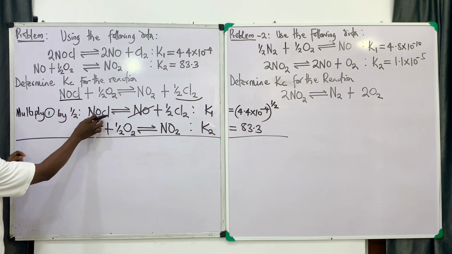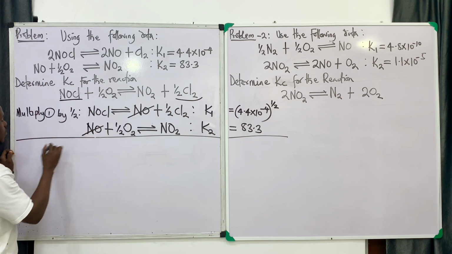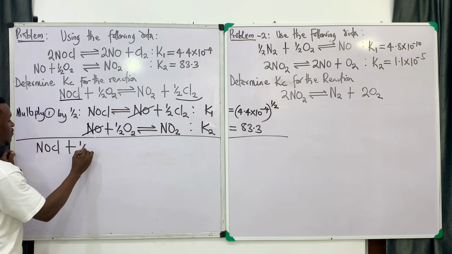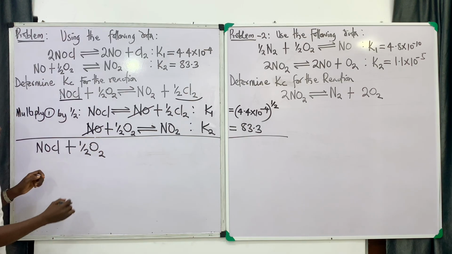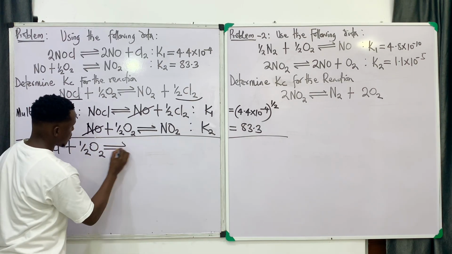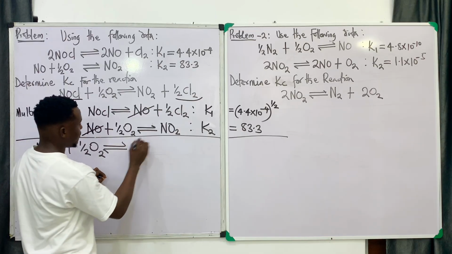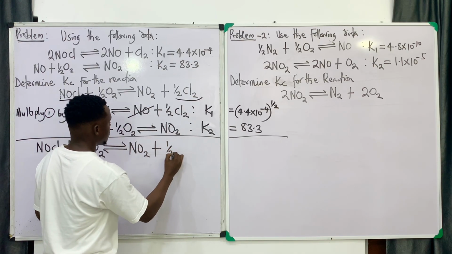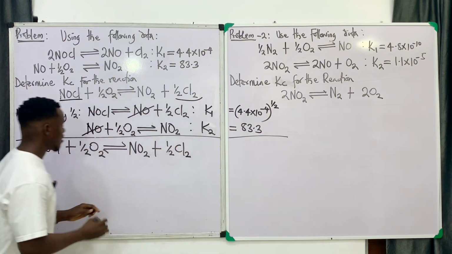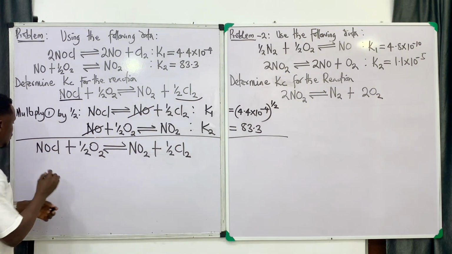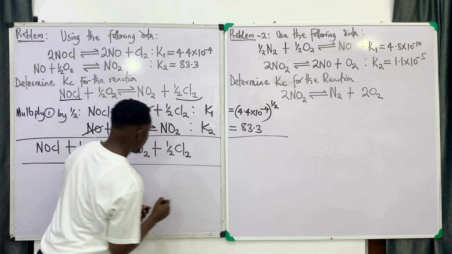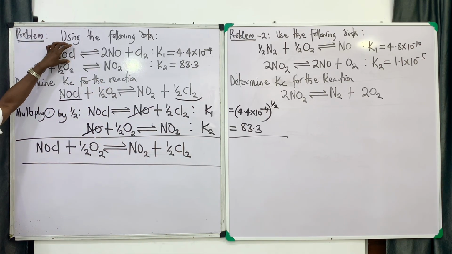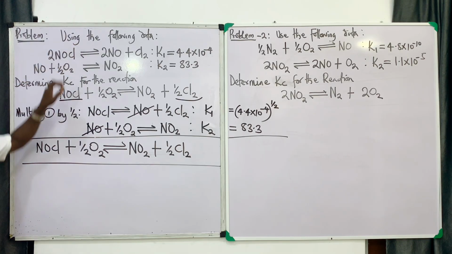And of course, when you bring down what we have left, NOCl plus half O2, and then we have NO2 plus 1 over 2 Cl2. Now you notice that we've been able to get the overall equation that was given to us by basically rearranging these individual equations. But we are not done.